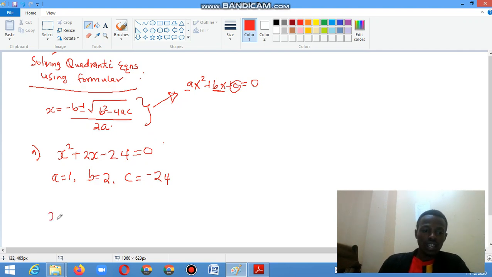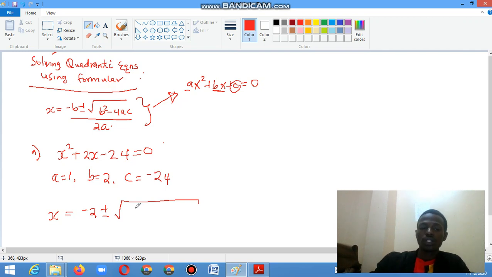So x, the value I'm looking for, is equal to minus b, but b I know is 2, therefore it will be minus 2 plus or minus the square root of b squared.